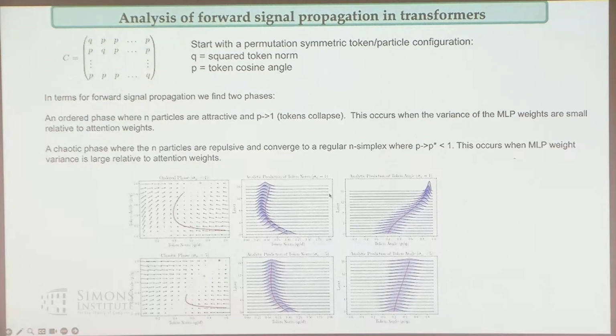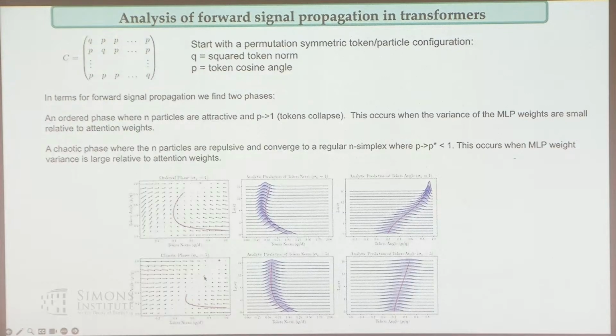Okay, now what happens as you move to the chaotic phase, where the variance of the weights of the MLP becomes large? Then you get a phase transition signaled by a bifurcation in this dynamical system, where the fixed point corresponding to a cosine angle of 1, corresponding to a collapsed line, loses stability. It's no longer a stable fixed point.